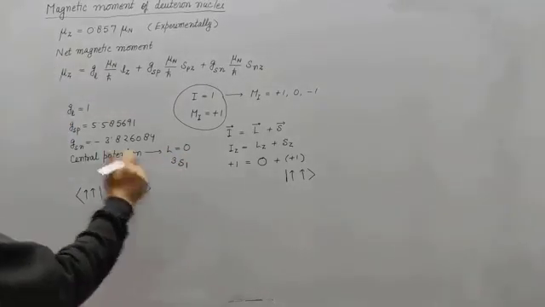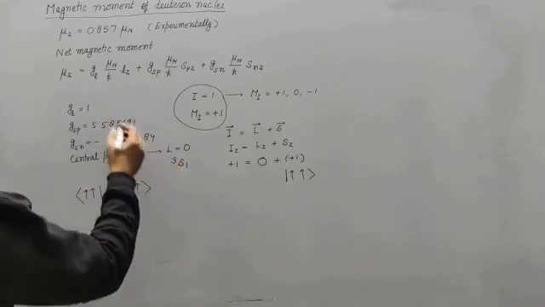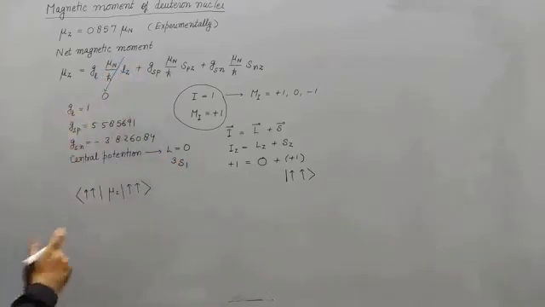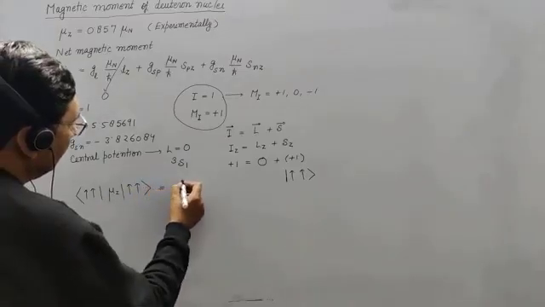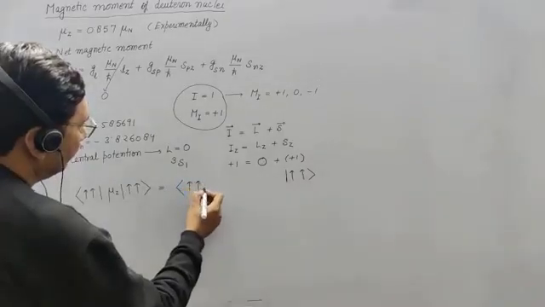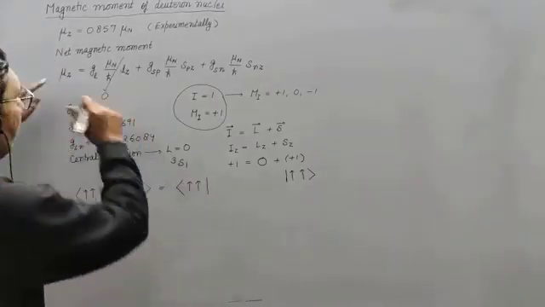So the ground state will be made up of only this state, 3s1. In that case, this Lz will be 0, so this term will be 0. So what will its value be? Substitute this value here.